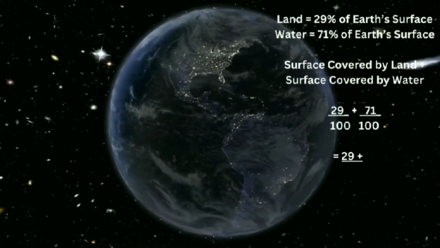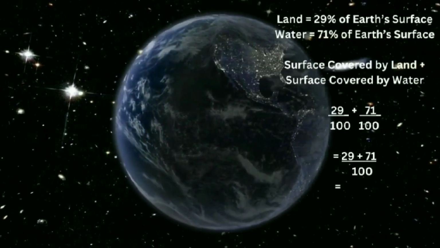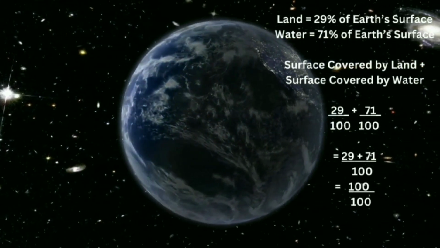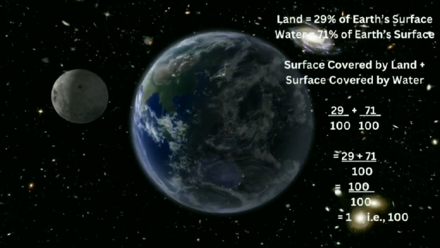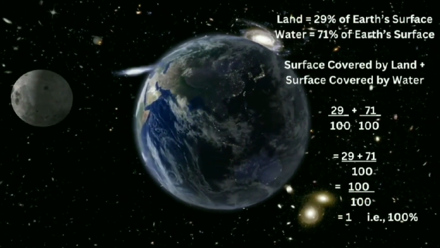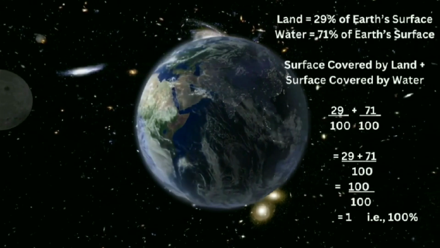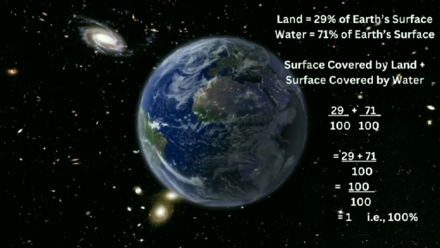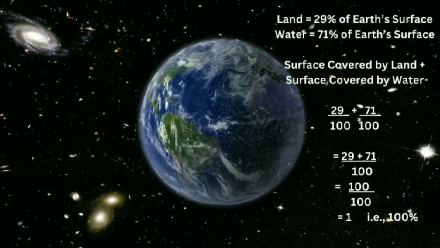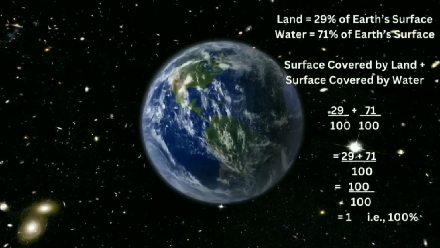Now, I am going to sum up both. That is, I am going to find the sum of the Earth's surface covered by land and the Earth's surface covered by water.